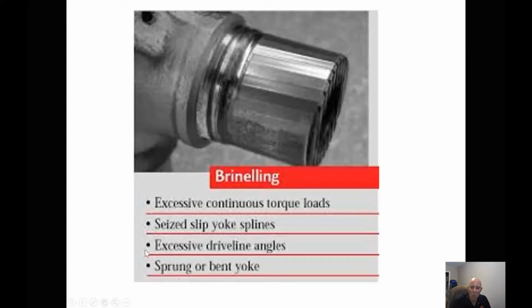Now, more what I see that I find is no driveline angle. So the U-joint can't, as it's turning, move around. So it just sits there in one spot and it'll eventually wear a hole into the trunnion.